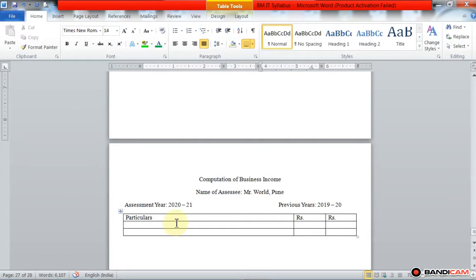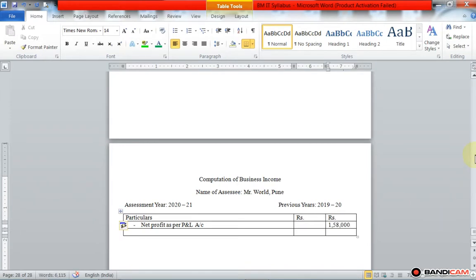Prepare 3 columns, that is particulars, rupees. So here net profit as per P and L account, that is 1,58,000.